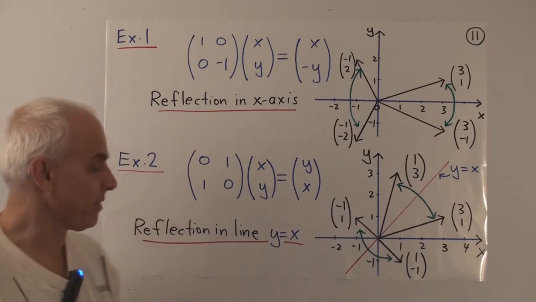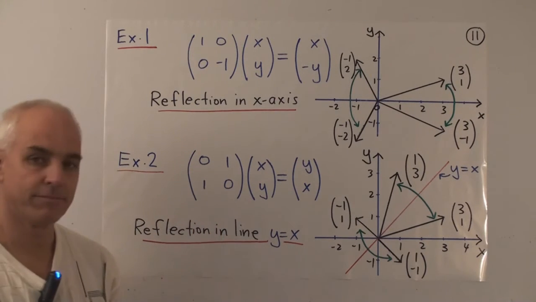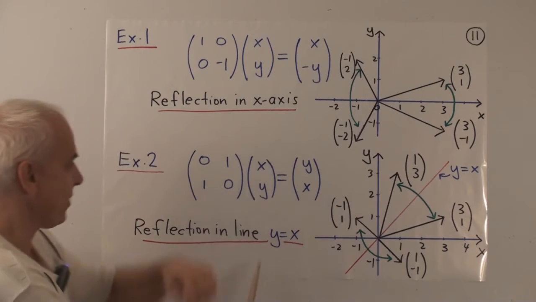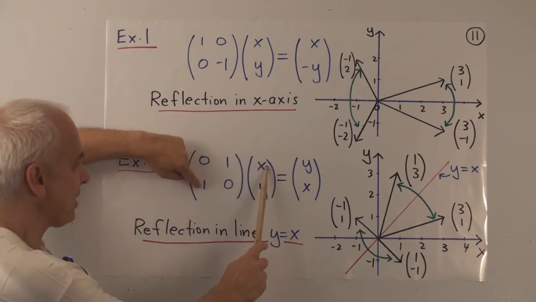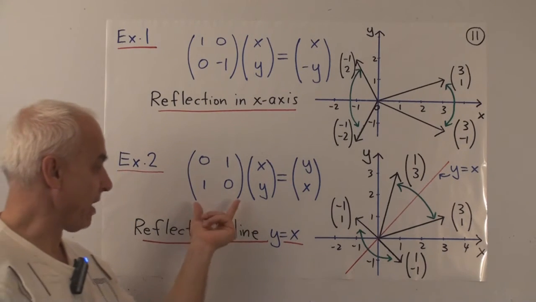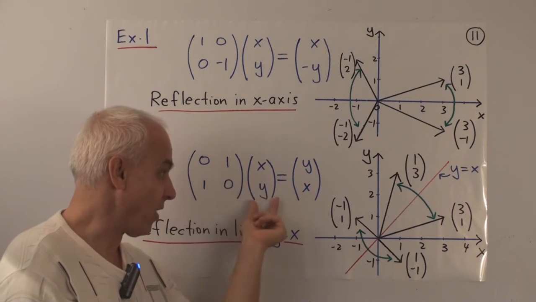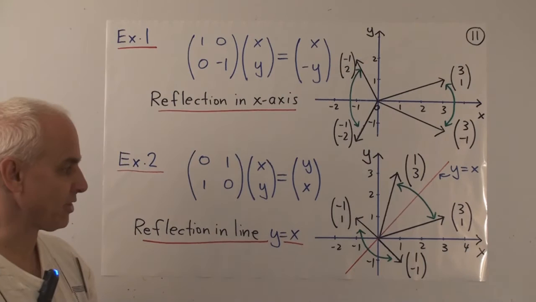Here's another example, example number 2, where our matrix is the matrix 0, 1, 1, 0. Let's multiply that by (x, y). 0 times x plus 1 times y, that's y. And 1 times x plus 0 times y, that's x. So multiplying by this matrix takes the vector (x, y) to the vector (y, x). What does that do geometrically?